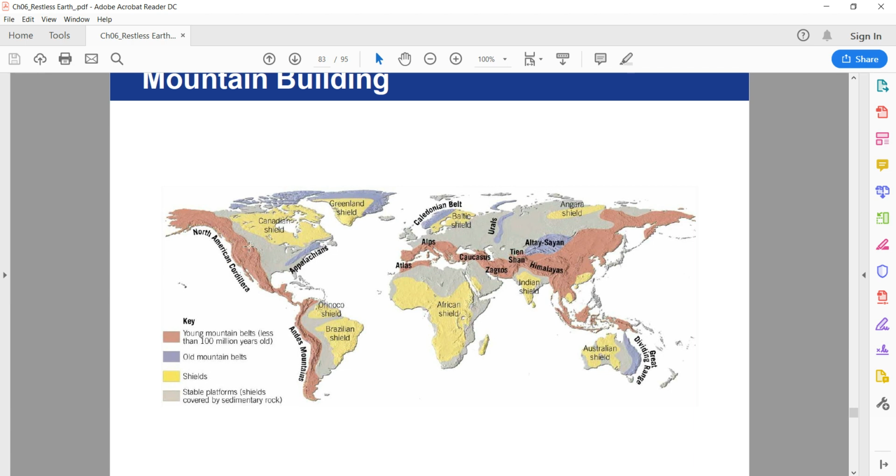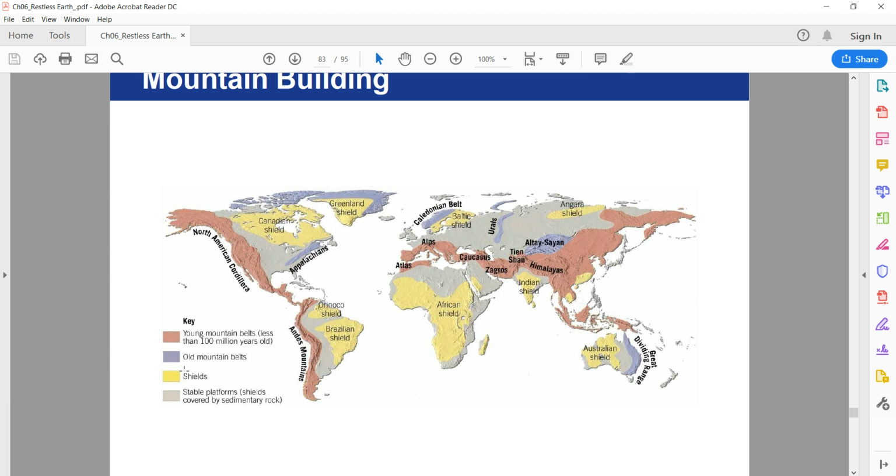So we will look at these young mountains in this chapter. The North American Cordillera, the Andes Mountains, and the Himalayan mountains that run along the Mediterranean coastline and the Indian subcontinent. These are the three mountain systems that we will look at. These are relatively young mountains.